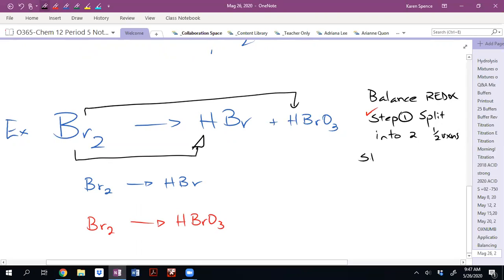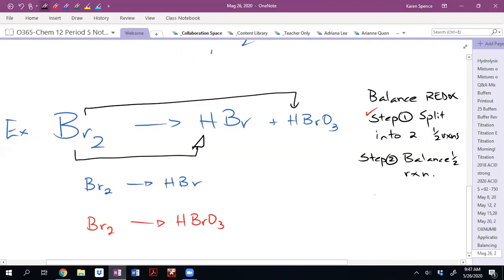What is step 2 in balancing a redox reaction? Yeah, we're going to balance the half reactions.